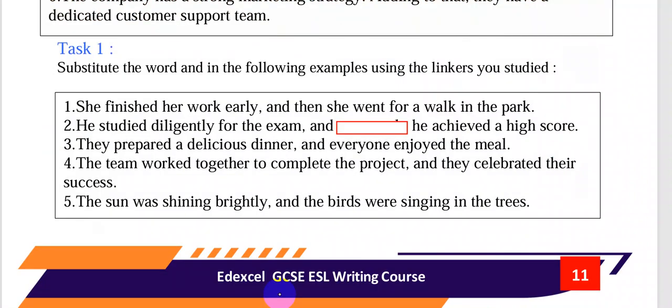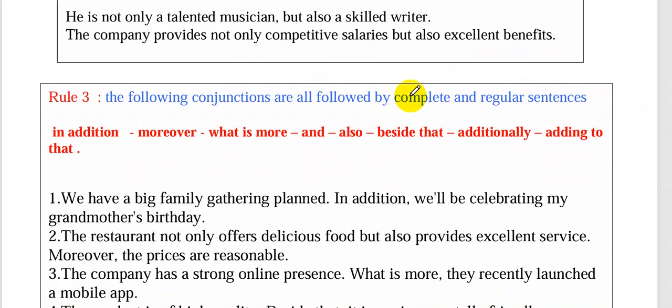Okay, now I'm going to share a link here. You write your answer there, so follow the link to answer these questions. What is the task now? Here's task 1. Substitute the word "and." We want to replace "and" in those 5 examples using the linkers we studied, any one of them. I'll help you see the linkers again.